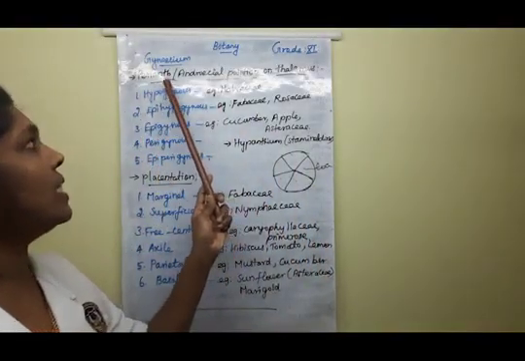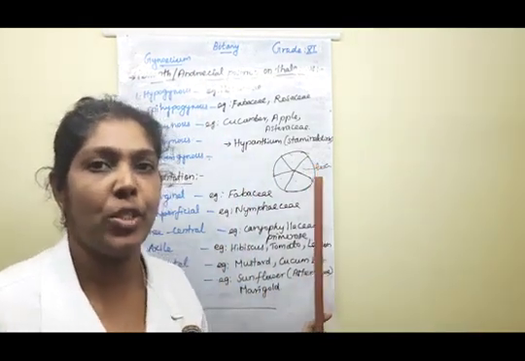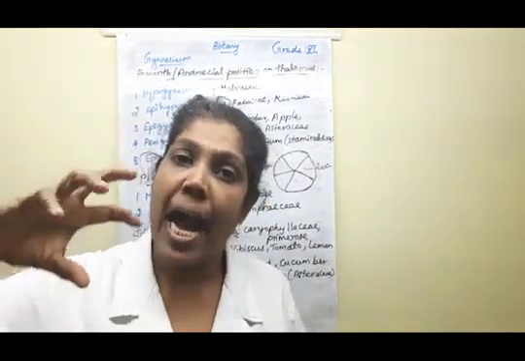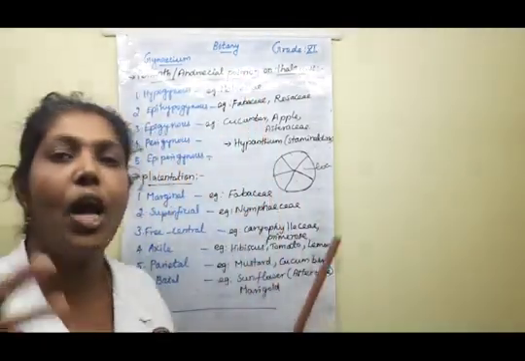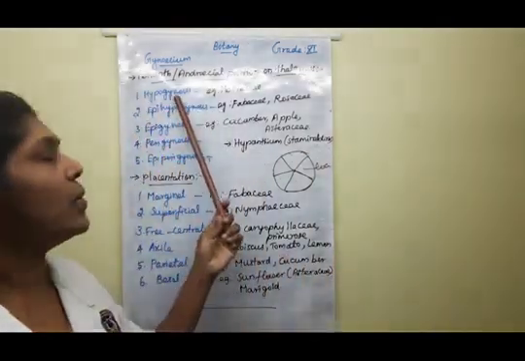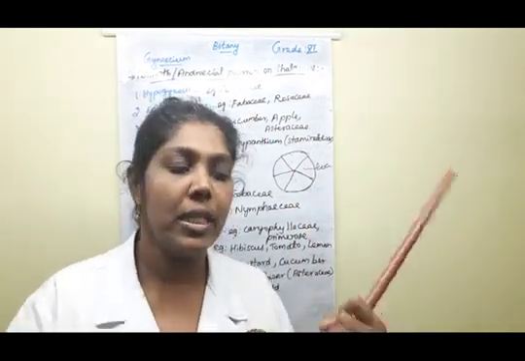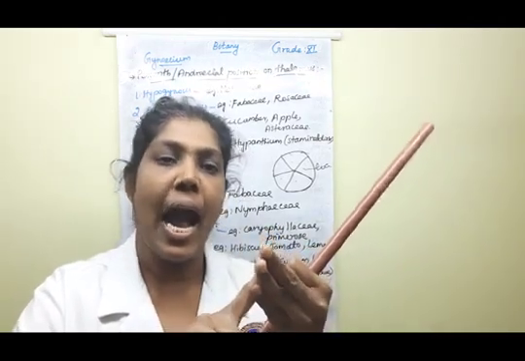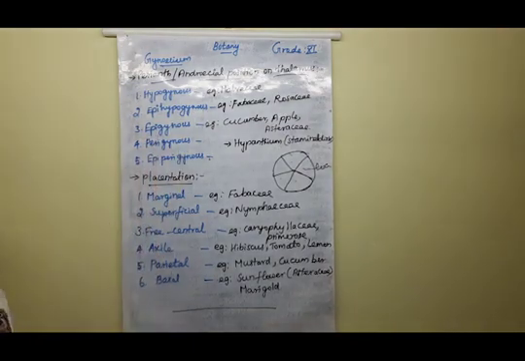We are going to learn 5 types of flowers: hypogynous, epigynous, periepigynous, and the remaining 2 types, perigynous and epihypogynous.